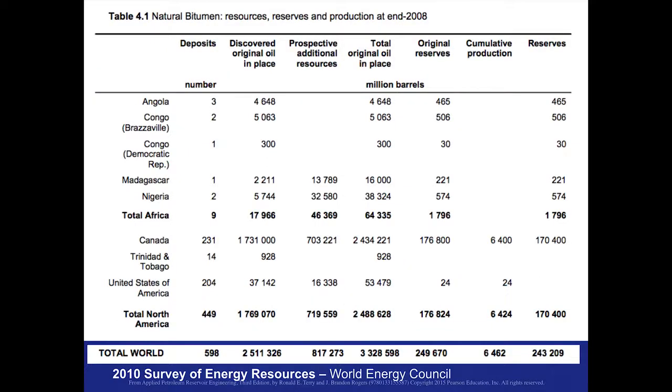This slide shows a table extracted from the 2010 Survey of Energy Resources from the World Energy Council. And you can see about the fourth column over, you'll see the total original oil in place was about 3.3 trillion barrels of oil from tar sands or natural bitumen.